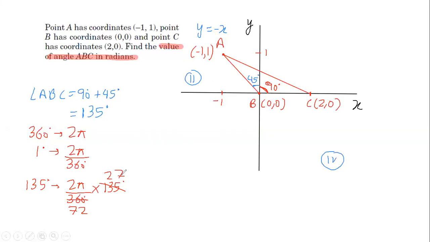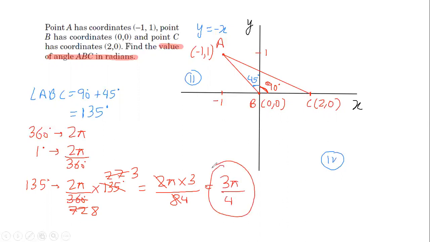Again, I can further cancel it with 9. It will go 3 times, and 72 goes 8 times. So I'll get 2 pi into 3 over 8. 2 cancels 8 four times. So eventually I'll get 3 pi over 4. So 135 degrees is actually equal to 3 pi by 4 radians. We did it in the same way as before, by the basic unitary method.